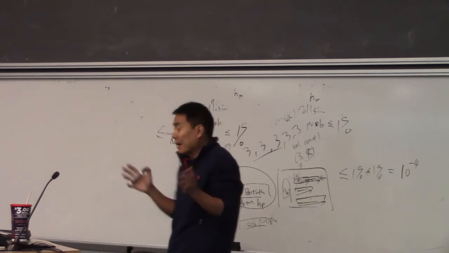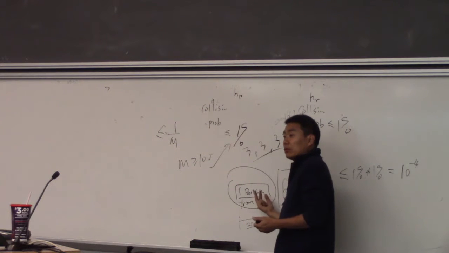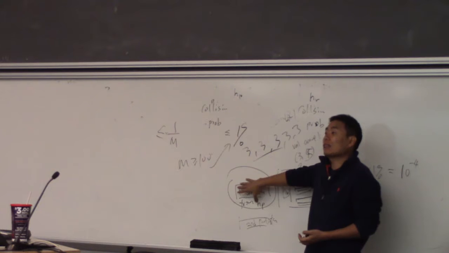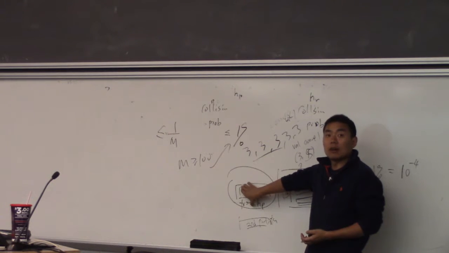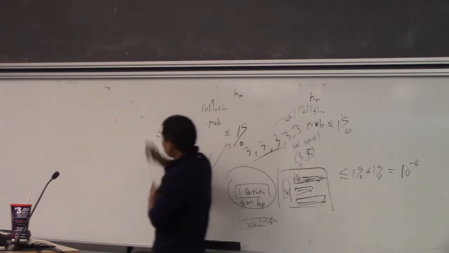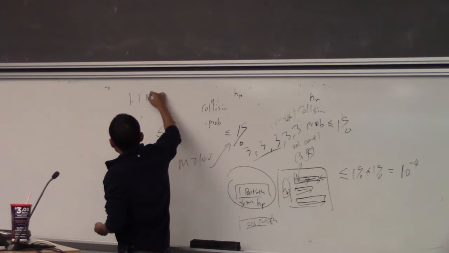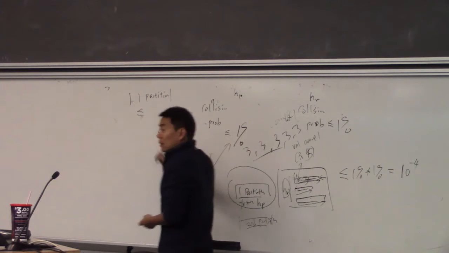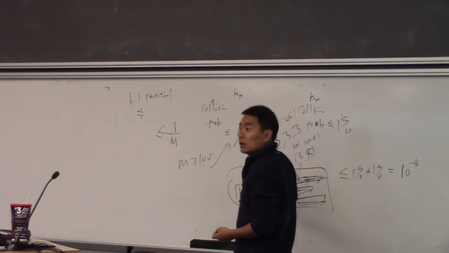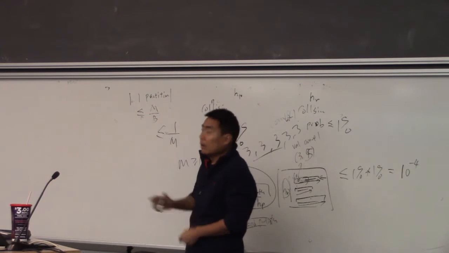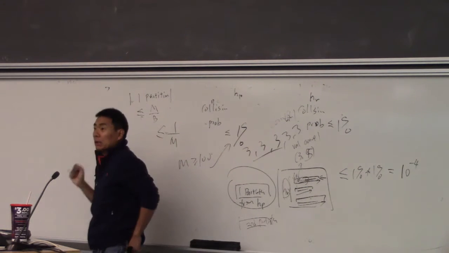However, in the worst case, all of these are distinct values. Then the size of your main memory hash table must be at least as big as the size of this partition. So in order to avoid any additional IOs, one requirement is that the size of one partition must be less than or equal to the size of your buffer, which is M over B. Now, what is the size of one partition?